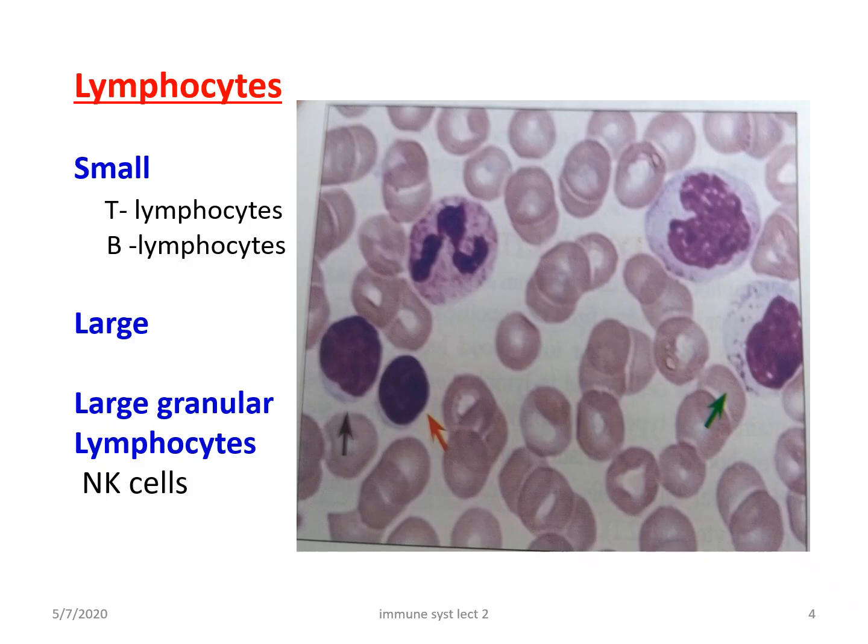Now coming to lymphocytes, there are two main types of lymphocytes referred to as T lymphocytes and B lymphocytes, which are talked about very often and play a critical role in the adaptive immune system in the development of immunity of both cellular and humoral types.